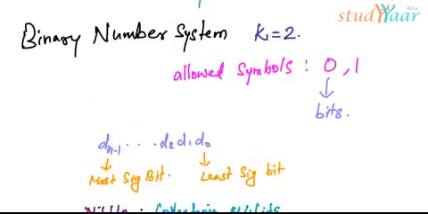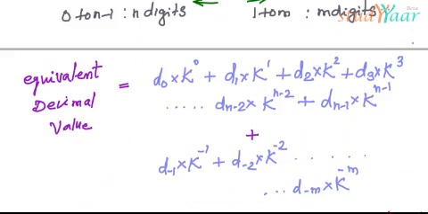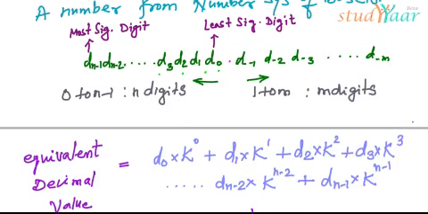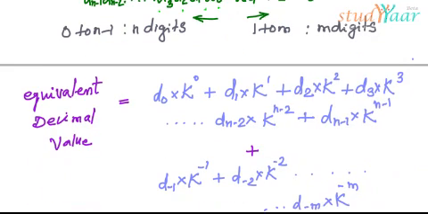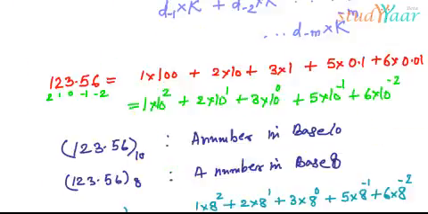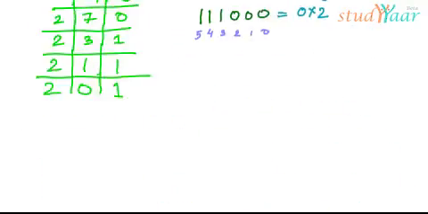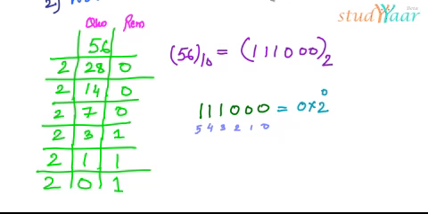In the binary number system, what is the base? Base is 2. Therefore my weights are going to be in terms of powers of 2.